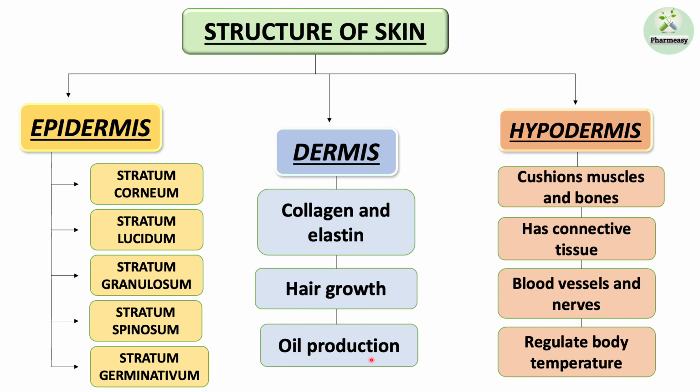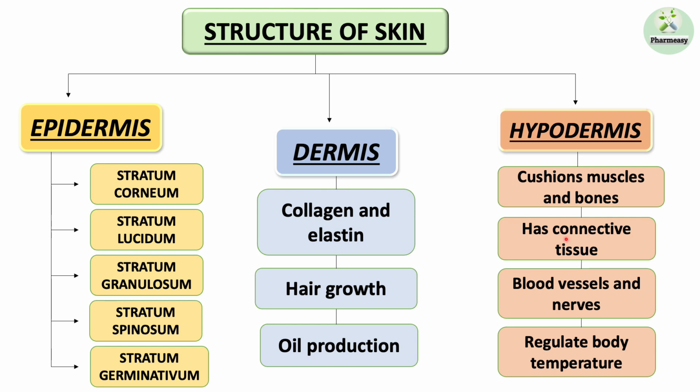Sebaceous glands are also present in the dermis area, and these glands secrete oil that keeps the skin soft and smooth and also prevents too much water absorption during swimming or other water-related activities. Last layer of skin is hypodermis. In this, fat is present as adipose tissue that acts as cushions and protects the body from injuries.